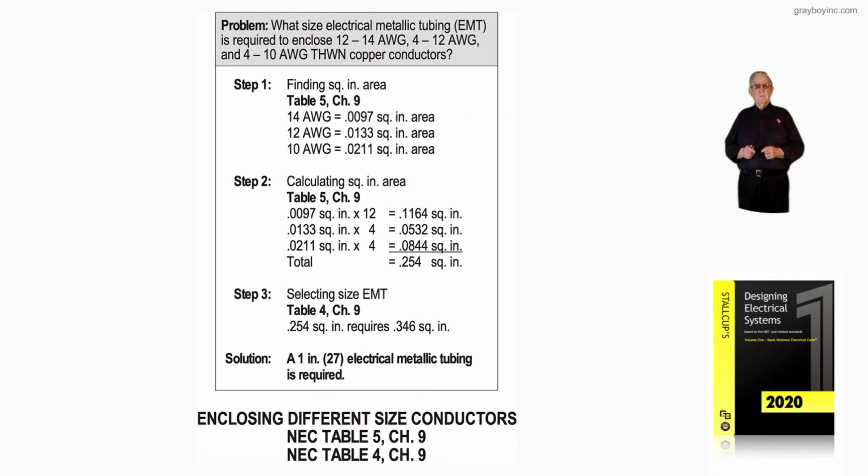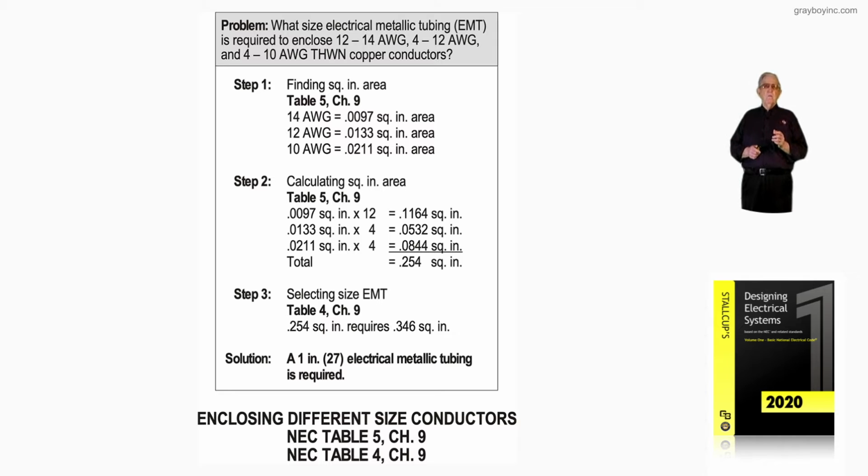Now this illustration deals with enclosing different size conductors in accordance with Table 5 and Table 4 of Chapter 9. Notice the problem has a question: what size EMT is required to enclose 12 14 AWGs, 4 12 AWGs, and 4 10 AWGs, THWN copper conductors?